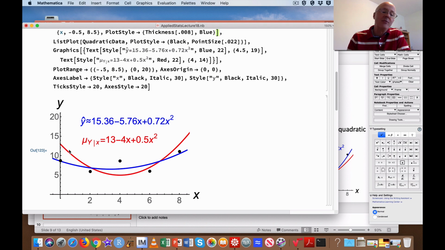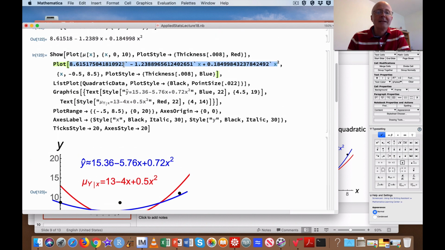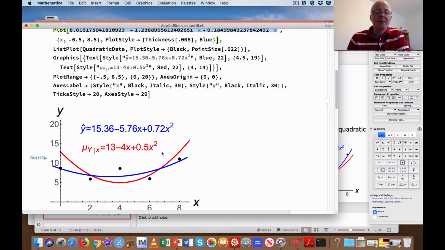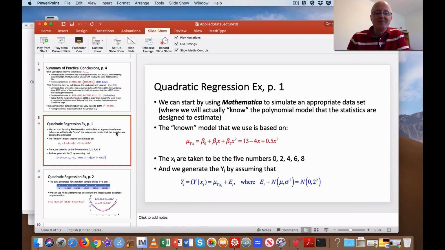But the sample itself was generated from a population quadratic. These numbers, 13, -4, and 0.5, are beta values. These other numbers up here, the 8.6, the negative 1.24, and the 0.018, are sample observed values B0, B1, and B2. Again, the labeling would be wrong here, but that's the idea of what I did. I just wanted to give you that idea.